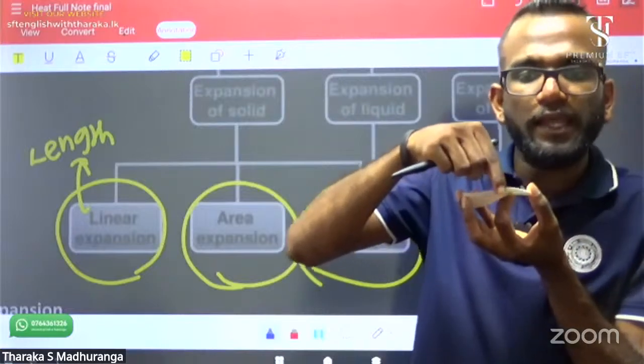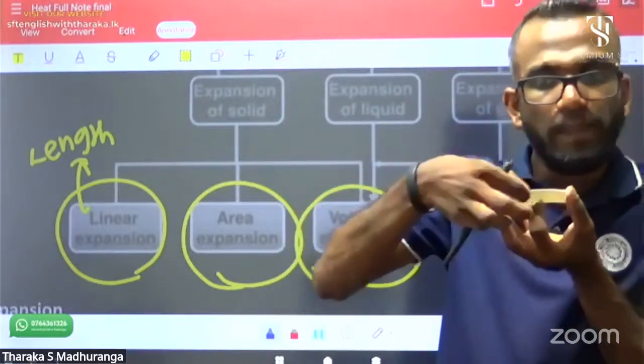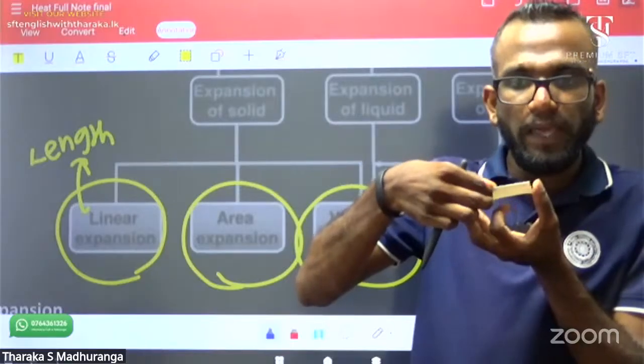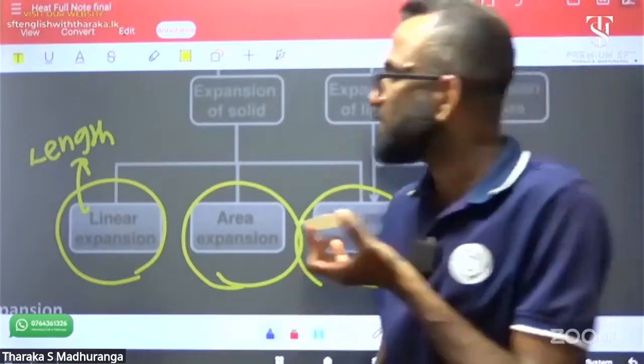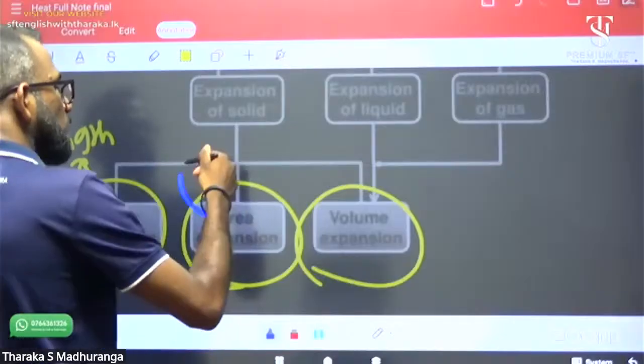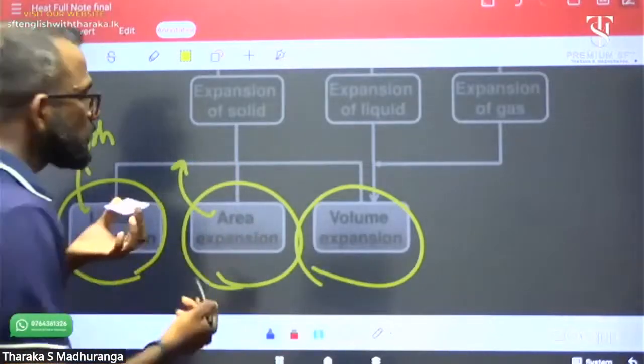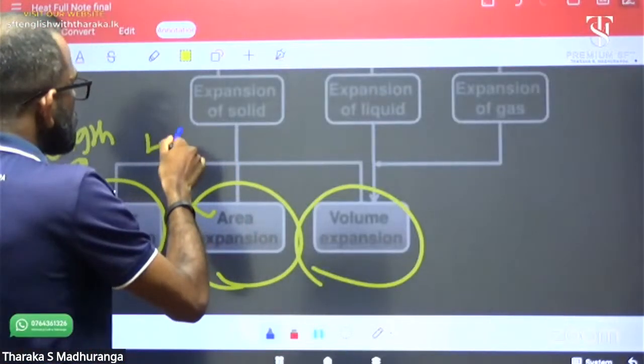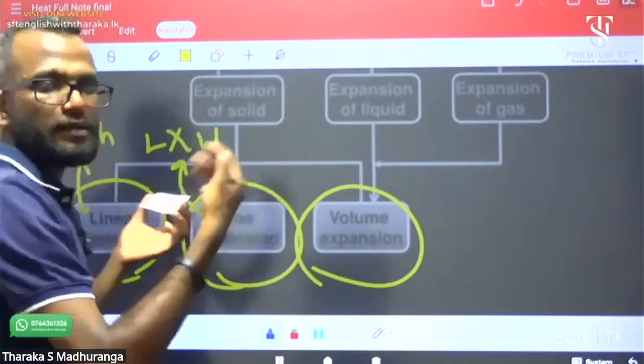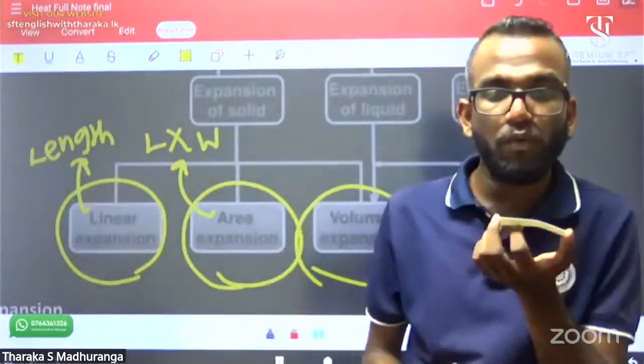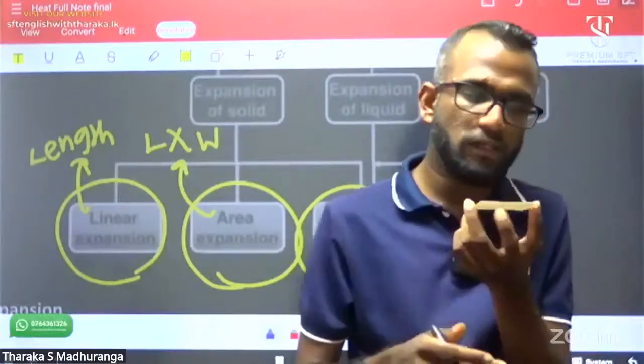The height we can neglect because they are very thin plates. Now we can say it is area expansion. Area expansion means length times width. Length and width both expanding, that we call area expansion.